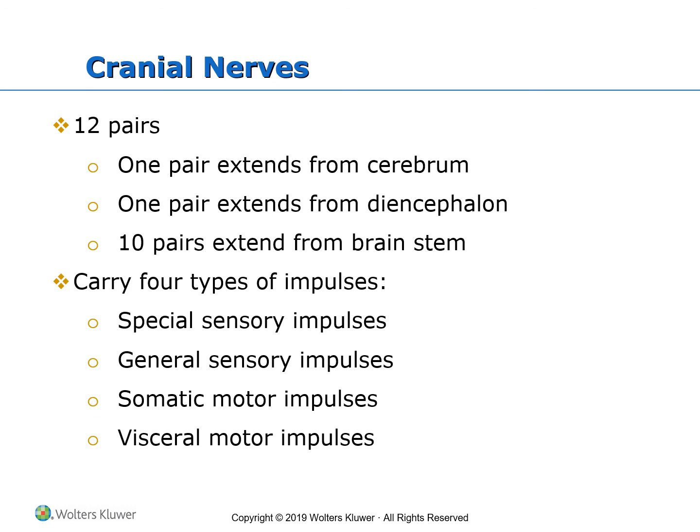We have one pair that starts at the cerebrum level, one at the diencephalon level, and a huge amount of them are at the level of the brainstem, which is the more primitive type of brain that we have. In terms of types of impulses that they carry, we have special sensory nerves, and general sensory nerves, somatic and visceral.